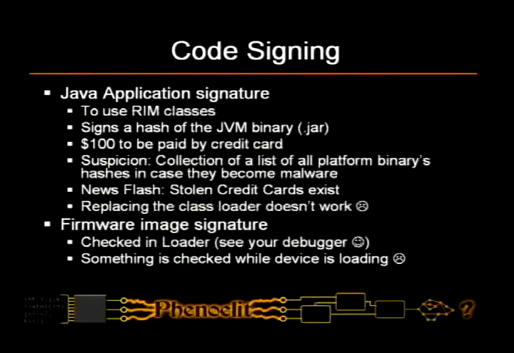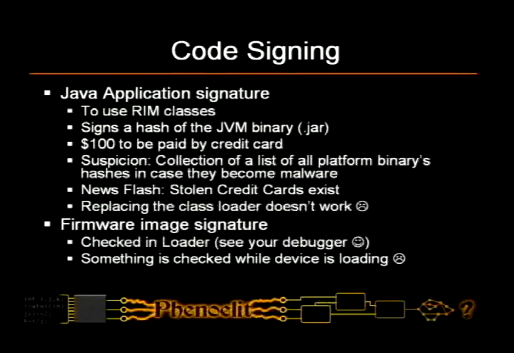Now the suspicion here is that they collect all the hashes, so in case someone writes a worm for Blackberries, they would actually know who wrote the worm, which is an interesting idea, considering that there are no stolen credit cards on this planet, and there is no way to have an anonymous credit card account.